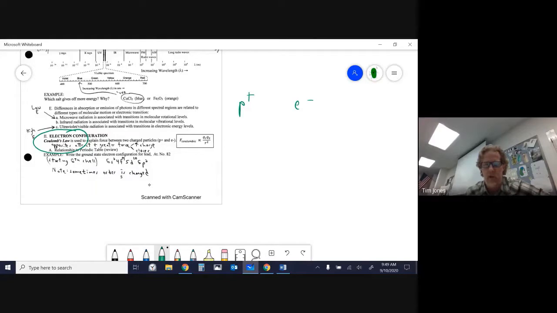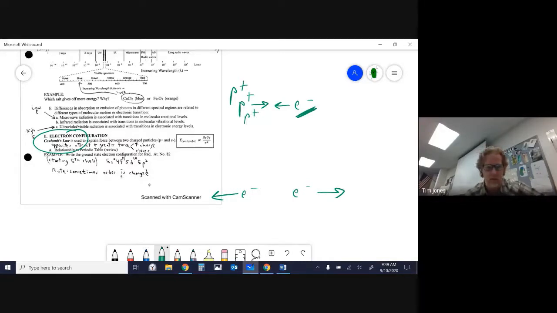They would, of course, be attracted to each other because they're opposite charges. If you take an electron and another electron, they, of course, would repel. Now, where Coulomb's law comes in is it helps to explain, well, what if I had 3 protons? If I had 3 protons attracted to an electron, this electron would have a stronger attraction to 3 protons, and that's where Coulomb's law comes in.